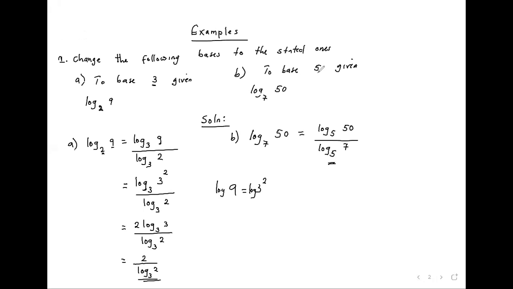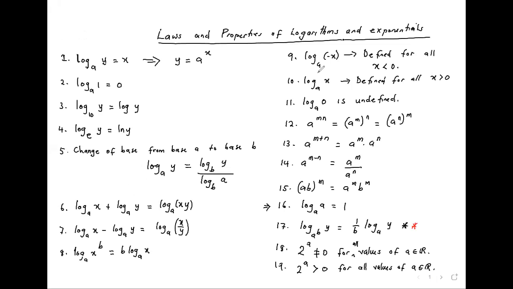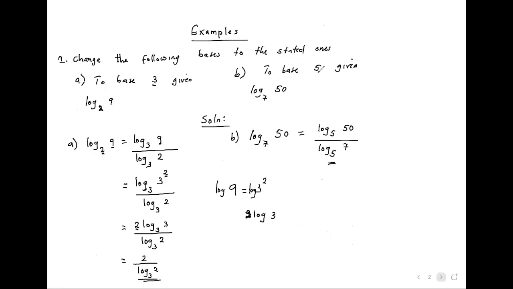And then the property tells us to drop the power 2 and leave the log at the power. That's how we dropped the 2 from being power to being the coefficient. And then we also have the property number 16. It tells us that if I have log a base a, I'll get 1. So we have log 3, so that is 1. That's why we only have 2 in the numerator there.